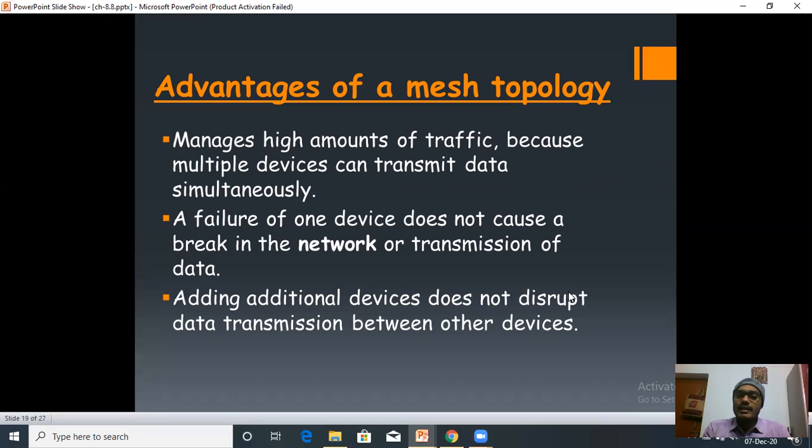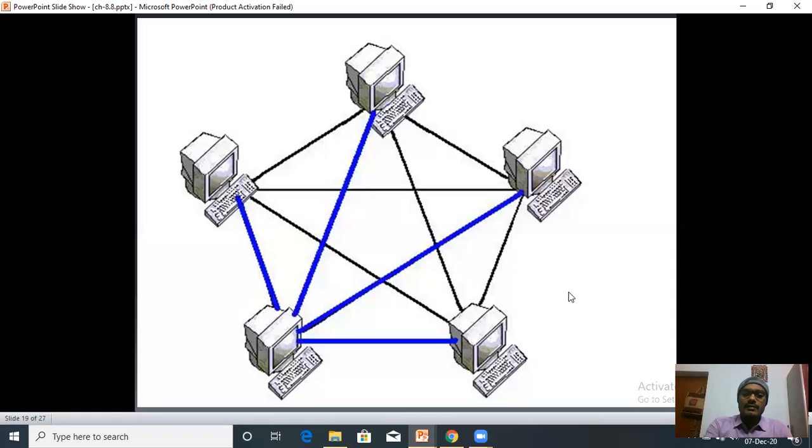Second point, a failure of one device does not cause a break in the network or transmission of data. Suppose any one device fails, it is having some problem, it is not transmitting the data, then all the other devices can easily communicate with each other.